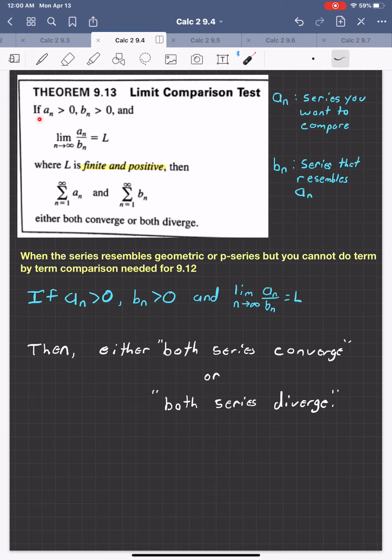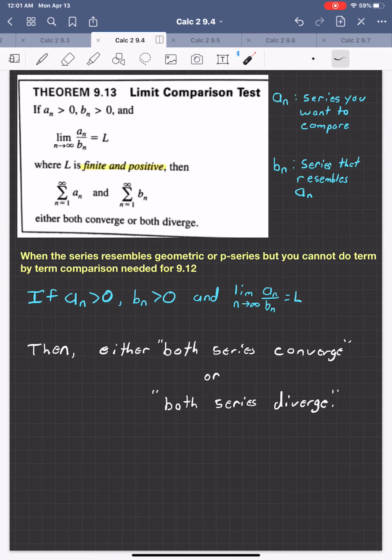We'll know that A sub n will be given to us. The B sub n is what we come up with. It resembles A sub n, and we know whether it converges or diverges. That's why we would choose it. Then all we're going to do is take the quotient of the two and the limit as n goes to infinity, and we want to make sure that what we get back out is finite and positive.